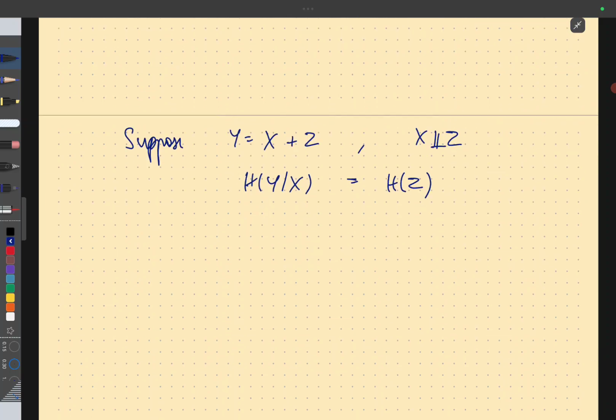So let's try to use the properties of entropy to prove this particular statement. So I have h of y given x. Our favorite trick will be what we did in the previous class. We introduce the new random variable z and then try to get this particular quantity. So I somehow want z coming into the picture. So let me take h of y, z given x.